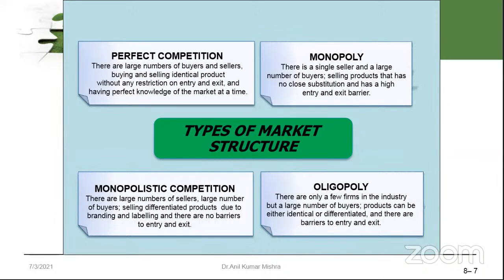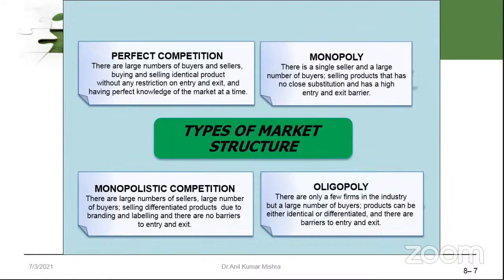Then moving to monopolistic competition. Actually, monopolistic competition is a blending of both perfect competition and monopoly. We consider some features of perfect competition and some features of monopoly. Monopolistic competition exists in real life. Here there is a large number of buyers and sellers, though less than in perfect competition. It sells a differentiated type of product.